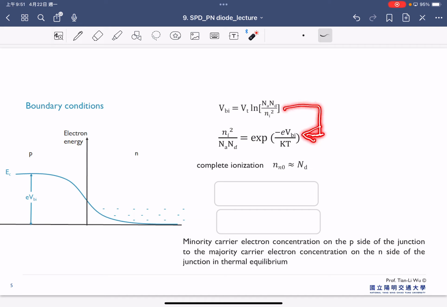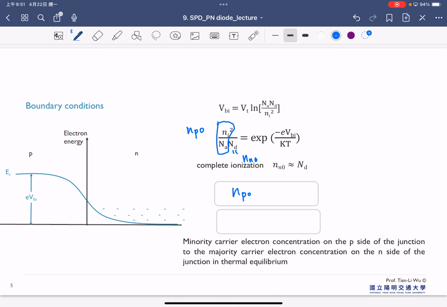And if we consider this term, since this is under the complete ionization case, this part will be equal to N0, and also this part can be considered as NP0 here.